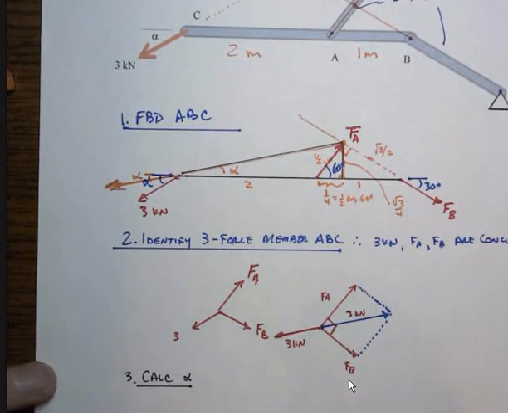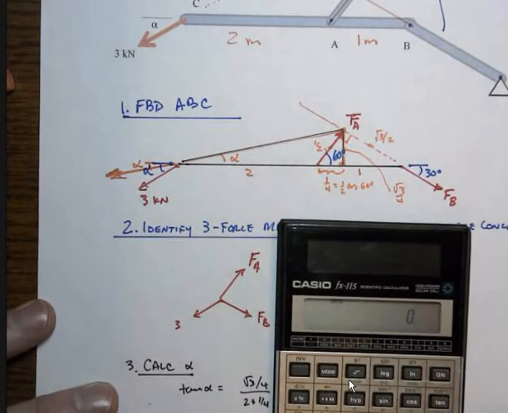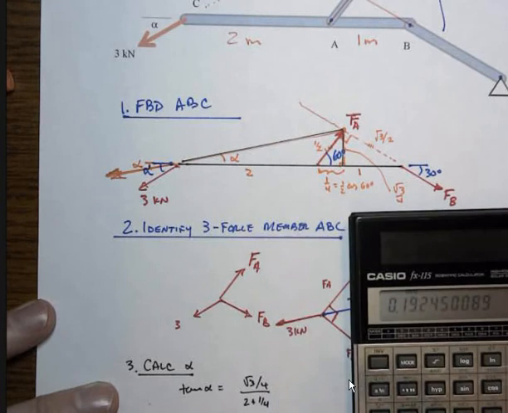Looking at that triangle, tangent of alpha is opposite over adjacent, so that's square root of 3 over 4, over 2 plus 1/4, so 2.25. So we'll have square root of 3 divided by 4, all divided by 2.25, and that's 0.1924.